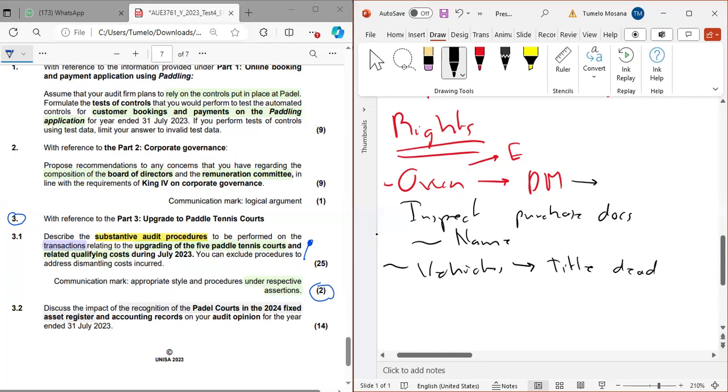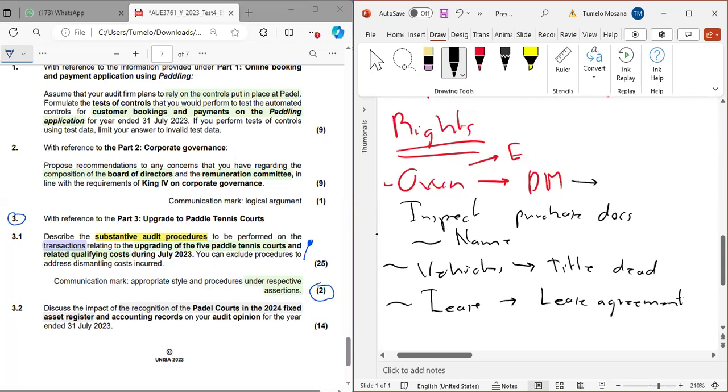If it is for lease, you would obviously inspect the lease agreement to check whether this particular company has the right to those particular assets, right?